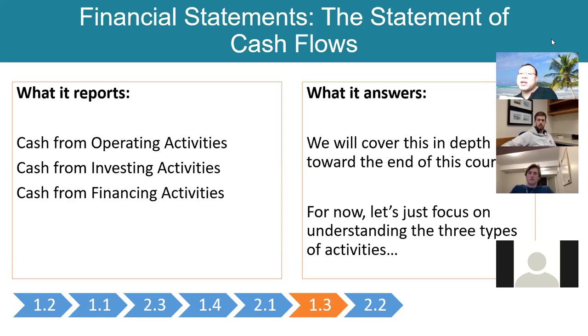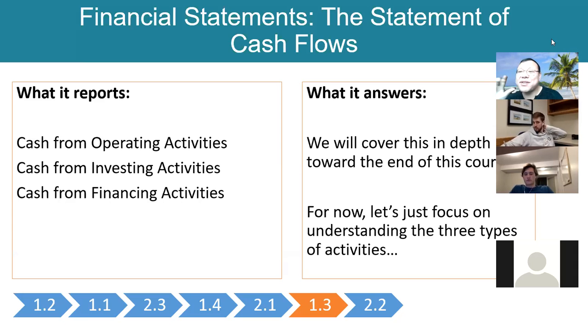So we talked about the statement of cash flow. This statement gives us very useful information about where the cash comes from, how the company got the cash, and where it spent the cash. There are three major activities for a company: operating activities, investing activities, and financing activities.